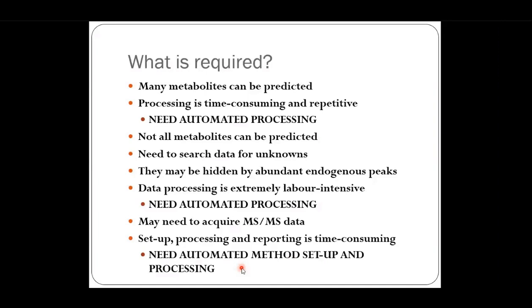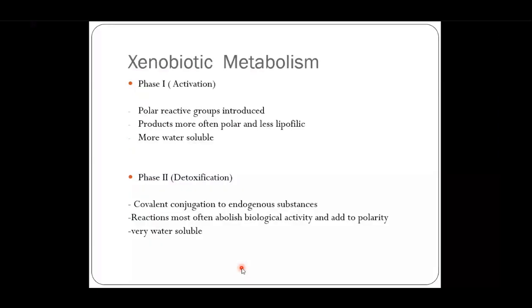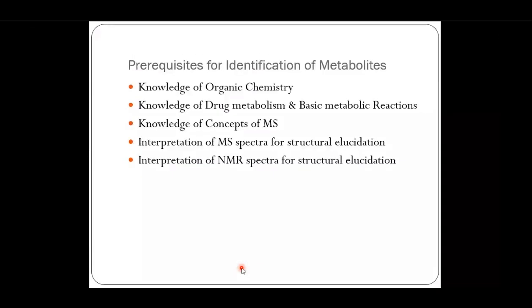Okay. Everybody knows that there are two types of metabolism, phase 1 and phase 2, and generally when you are working with metabolites, there are prerequisites for identification of metabolites: knowledge of organic chemistry is essential, knowledge of drug metabolism and basic metabolic reactions is necessary, knowledge of concepts of MS is required, and interpretation of MS spectra for structural elucidation is required.